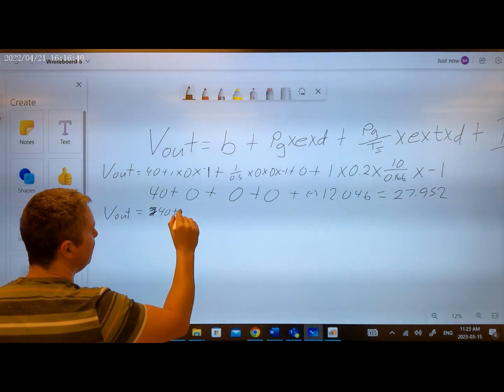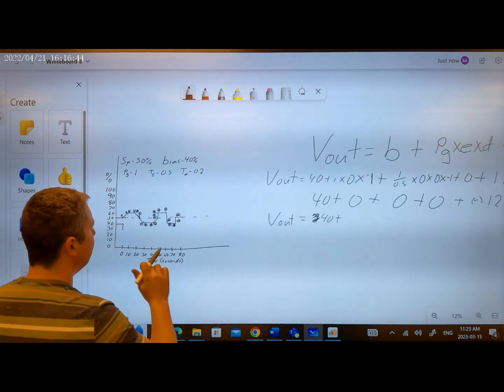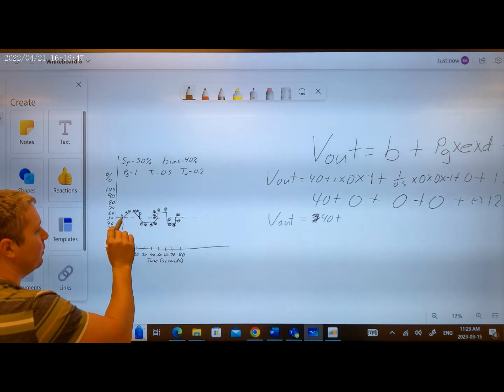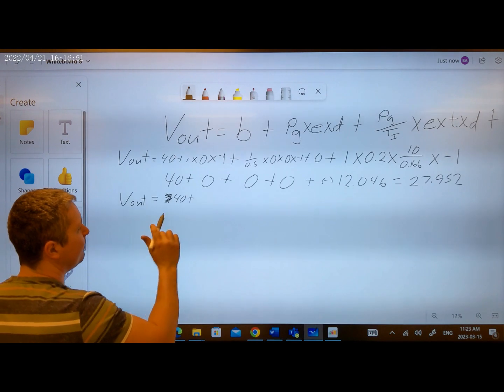40, which is our bias, plus. Now if we look at where we are, our point number 2, we have an error of 10, right? So now proportional matters.